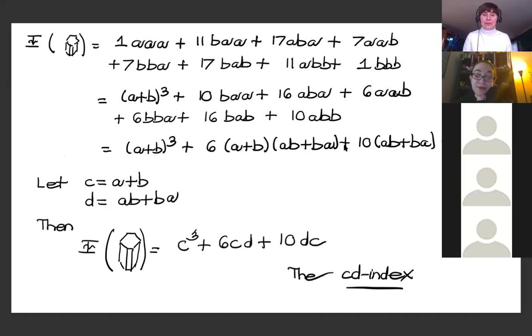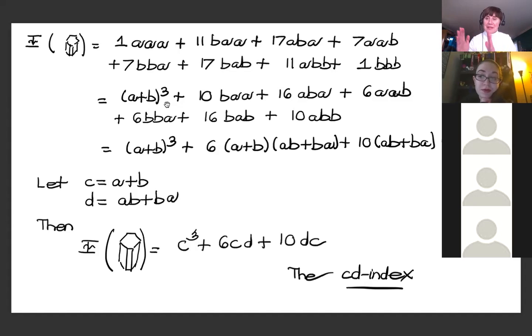So there it is. But now we're going to do something very funny, which is in the second line here, we're going to factor out an A plus B cubed. Now remember, A and B are non-commutative variables here. So when I multiply out A plus B cubed, I'm going to get A times A times A plus A times B plus A times B times A plus B times A times A. I can't move letters around.